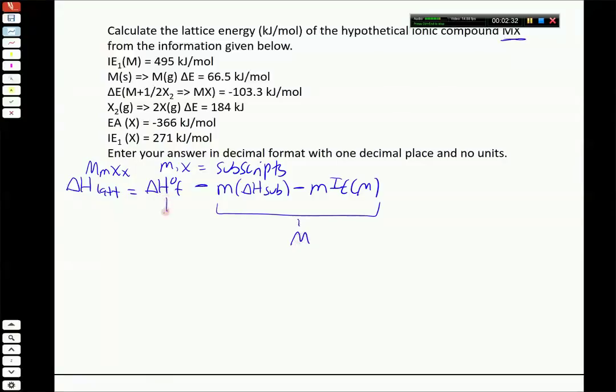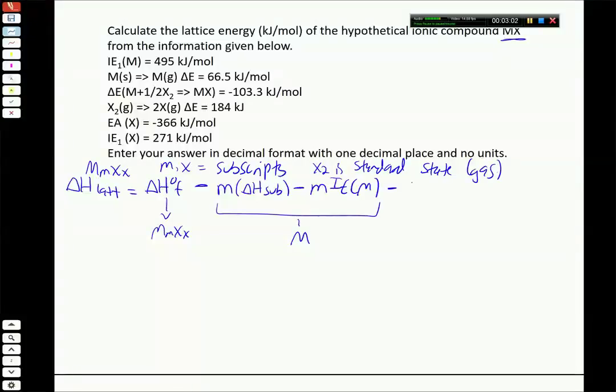This delta H of formation is for the compound itself. And then we have two terms associated with the non-metal. These two terms are going to work whenever the standard state of the nonmetal is X2 and that standard state is a gas, which is true for most nonmetals that we make ionic compounds with.